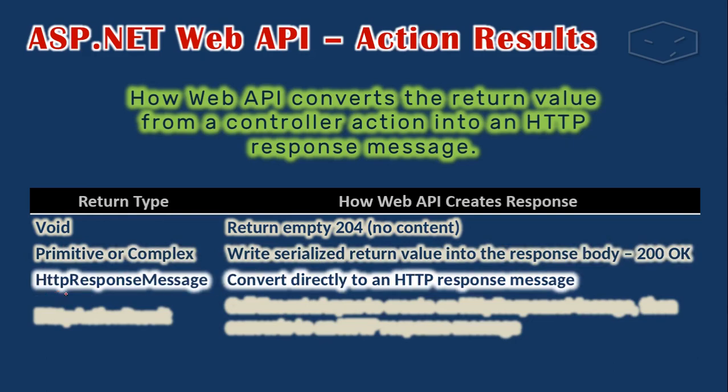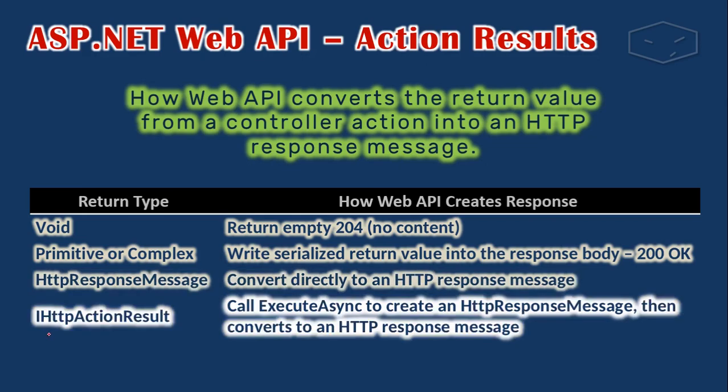For the HTTP response message type it will convert it directly into the HTTP response message. For IHttpActionResult, it will call ExecuteAsync to convert the object into an HTTP response message, and then it will do exactly the same thing as here in HTTP response message.